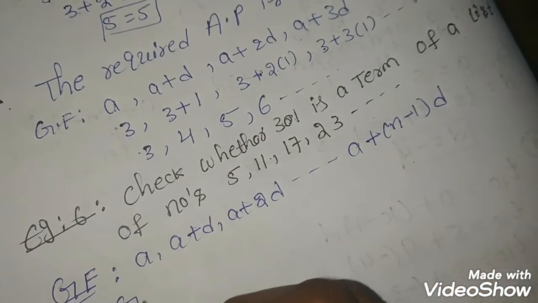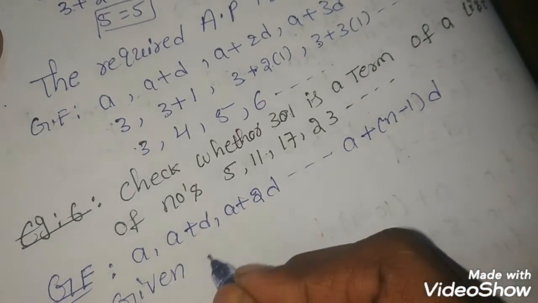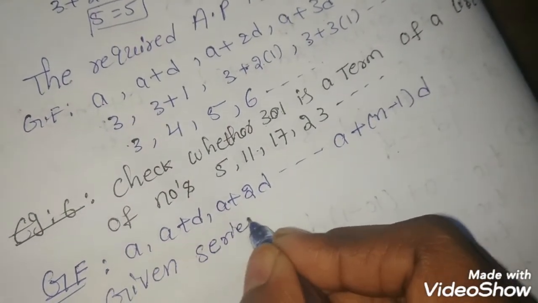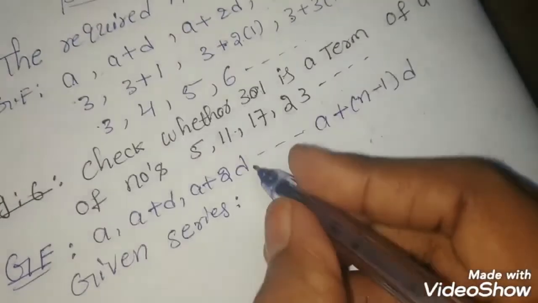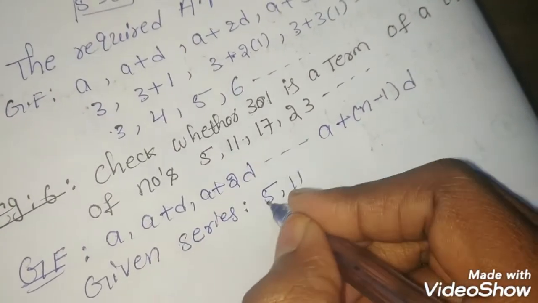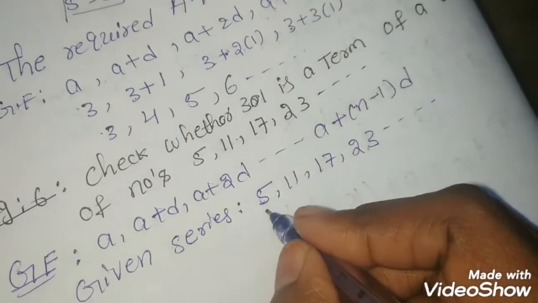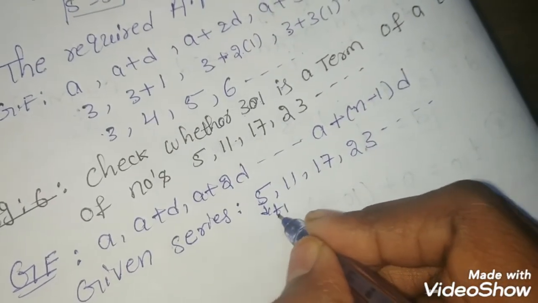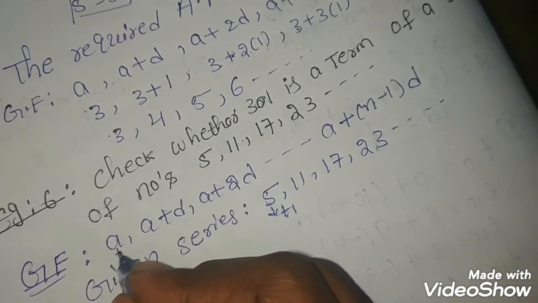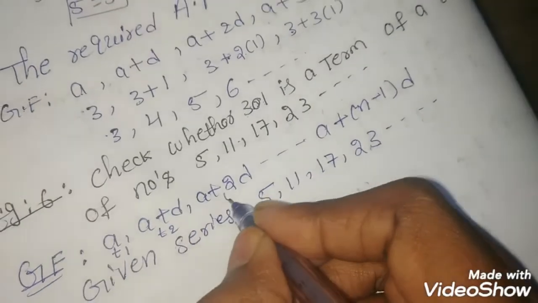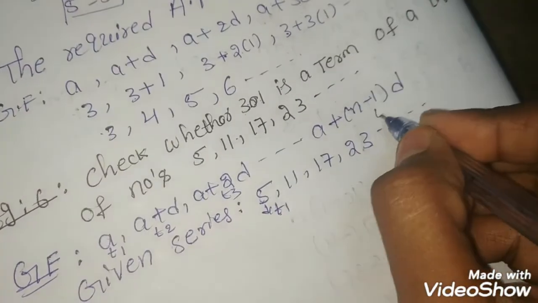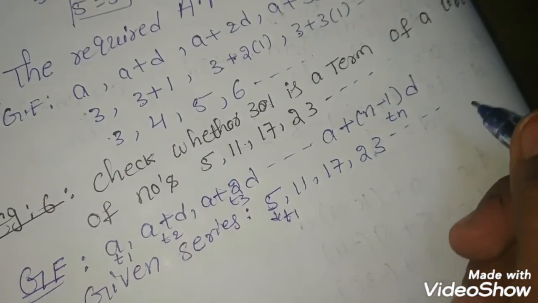Okay, given series or sequence, what is given? 5 comma 11 comma 17 comma 23 and so on. This is the term 1, first term. This is term 2, term 3 and so on. What is this? Term n. You know about these things.